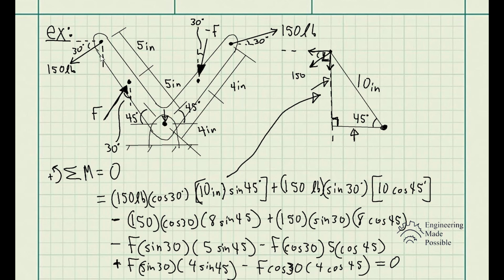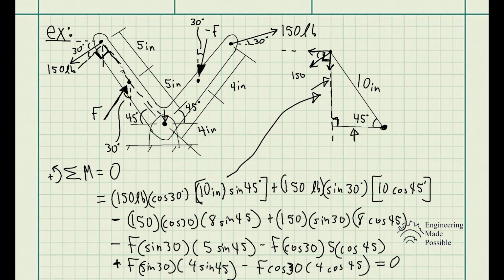Another way is to take each of the forces and basically project it to the specified angle such that it will be perpendicular to the lengths that are shown. So in this case, let me draw this out. So this is the length, from the hinge to this force at the end, and we would essentially project at the angle that is perpendicular to that line.